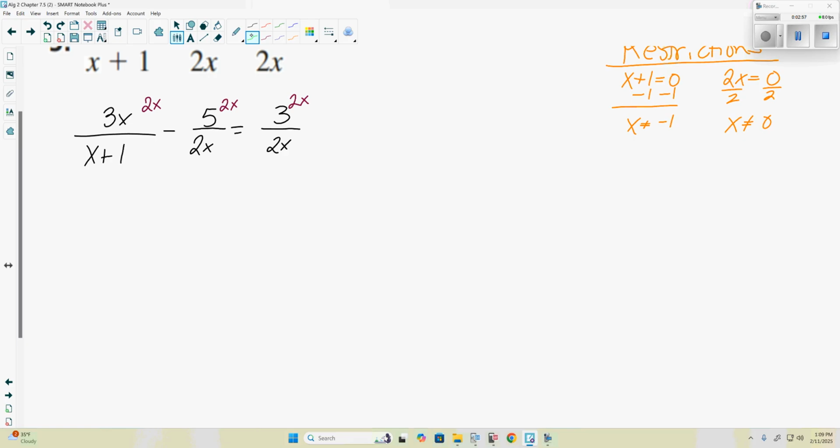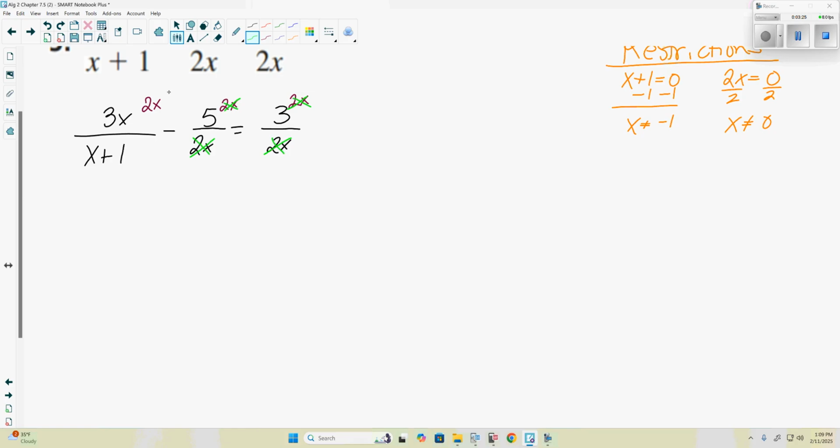Nothing's going to simplify, top and bottom, by multiplying by the 2x. But our middle rational expression, the 2x and 2x, will simplify. And on the far right, the 2x and 2x will cancel out. So even though the 2x does show up in two different denominators, it only shows up once in each one, so we only need it once.